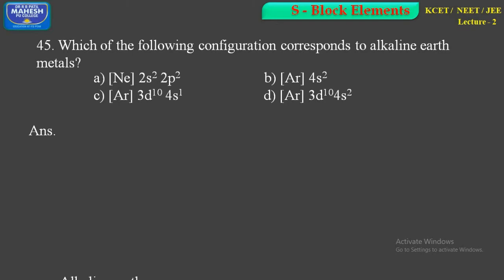Students, alkaline earth metals have 2 electrons in their outermost s orbital. So option B is the right answer with electronic configuration argon 4s2, which corresponds to calcium.